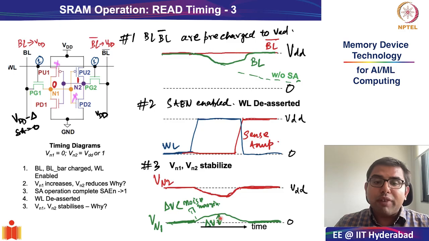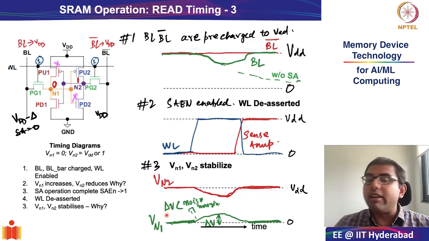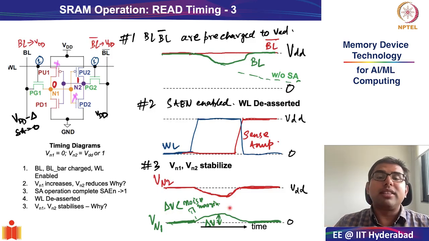As we know, this delta V, which is the voltage change in storage node 1, is controlled completely by the cell ratio of the transistors. By making sure that the cell ratio is very large, or in this case the pull-down transistor is significantly stronger than the pass gate transistor, you can avoid this issue, and ultimately make sure that the change in VN2 does not significantly alter the operation of this pass gate transistor, which is to be off.